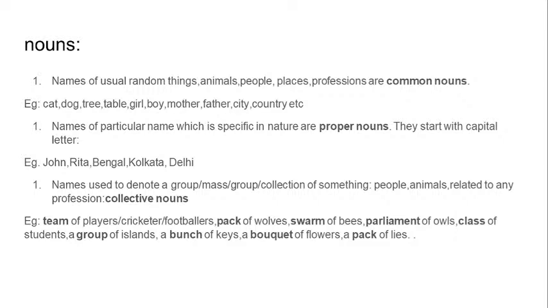A bunch of keys, a bouquet of flowers, a pack of lies. Right, a pack of lies means what? More than one lie. Sometimes when people lie, they don't tell you one lie. They tell you a series of lies, lie after lie. So that is a pack of lies.